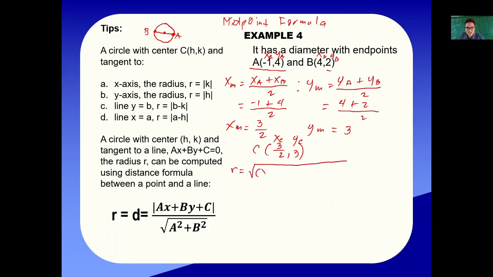Therefore, this is the square root of (x sub A minus x sub C)^2 plus (y sub A minus y sub C)^2. What is our x sub A? That is -1.